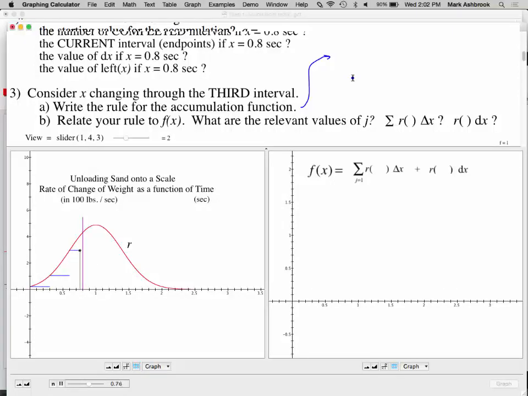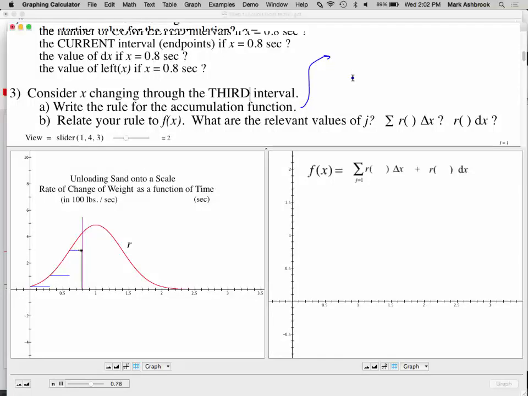Yes, it's always the distance from the left side of the current interval to the current value of x. It changes. Final is the current value of x. Initial is the left side of it.